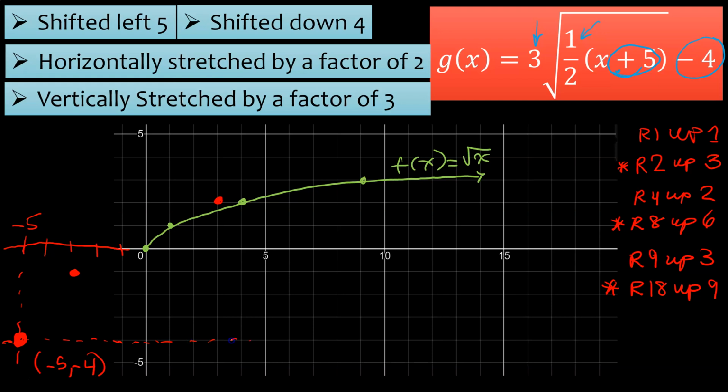So if we were to go from -5 and we are going 18 units over, we're going to end up at 13, and we're going 9 units up, 1, 2, 3, 4, 5, 6, 7, 8, 9. And here is our graph.